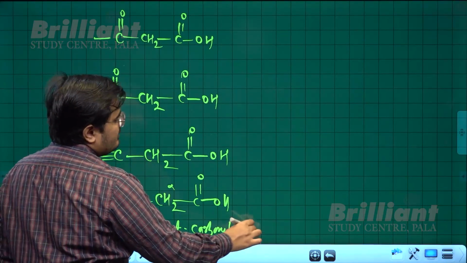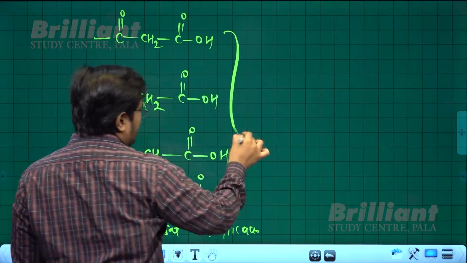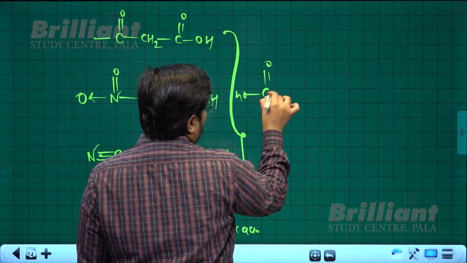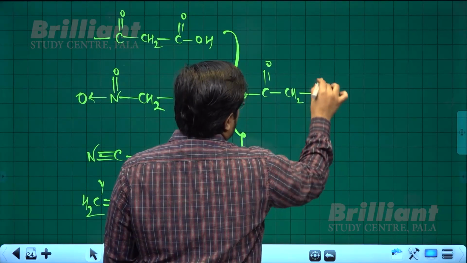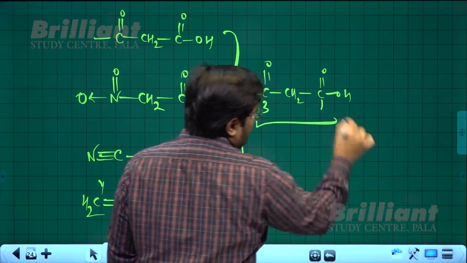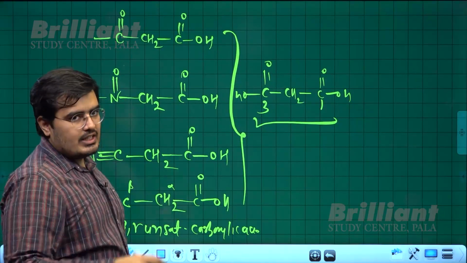So all these substrates are examples. In addition to this, you have COOH-CH2-COOH. So if the two acids are in 1,3 relation, then also they will readily decarboxylate.